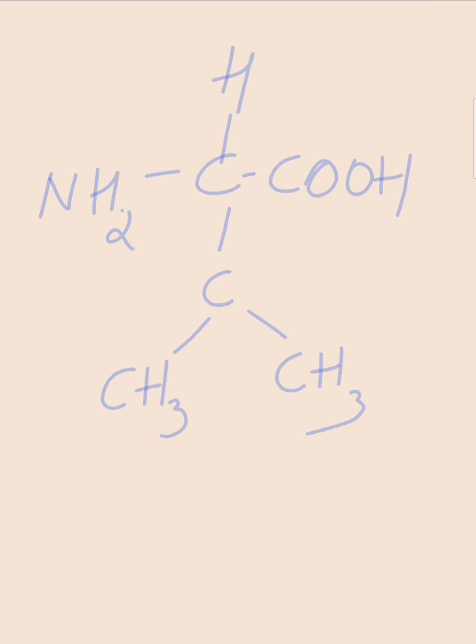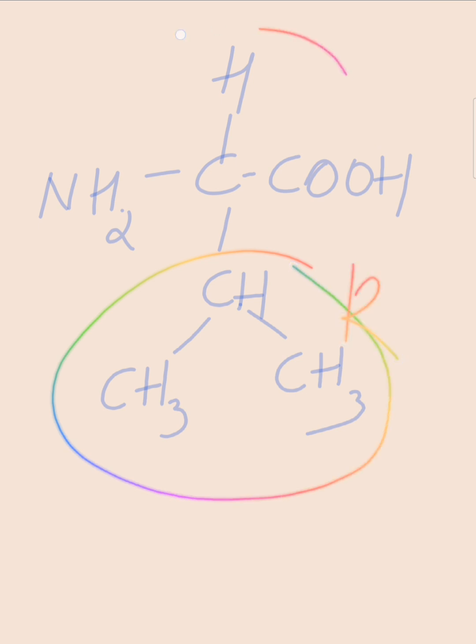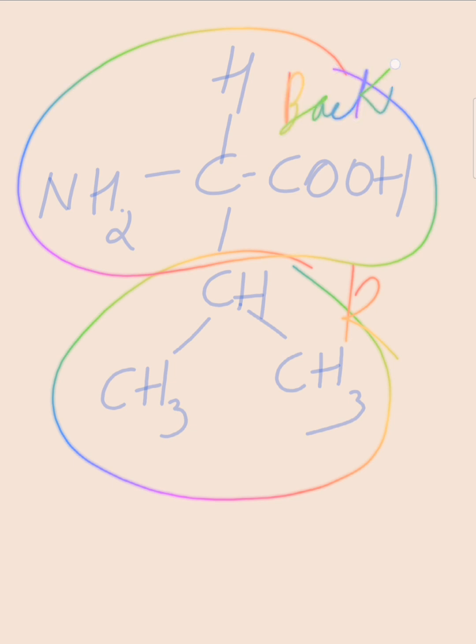As you can see, this carbon is not able to fulfill its valency because it has 3 bonds. So we're going to add one H over here. Now it has fulfilled its valency. As you can see, this is the R group and this is the backbone. This particular amino acid is known as valine.